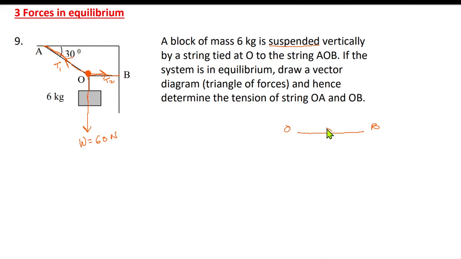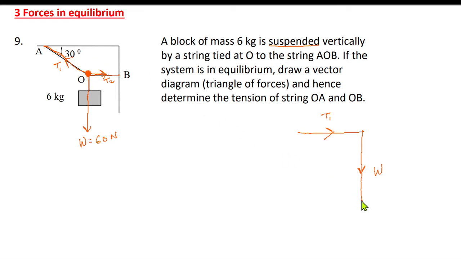Okay, the force is going that way. Or maybe I should erase the alphabet there. Okay, so this is my T1. And then I have a force going down. So I'm going to continue from this point. It is going down. Okay, so here is my W, my weight. And then from here, I have a force going up.